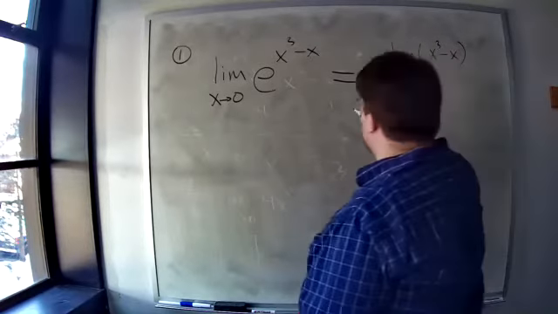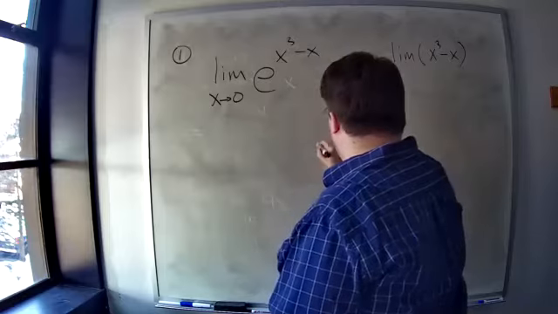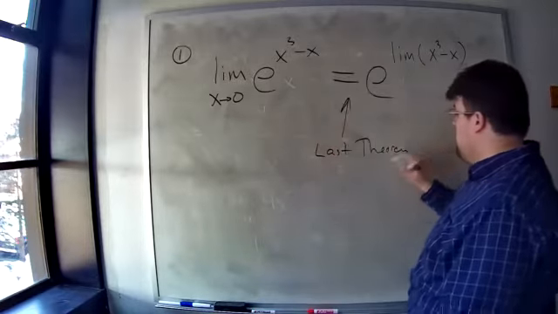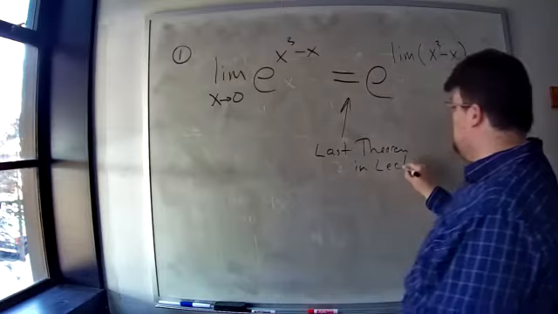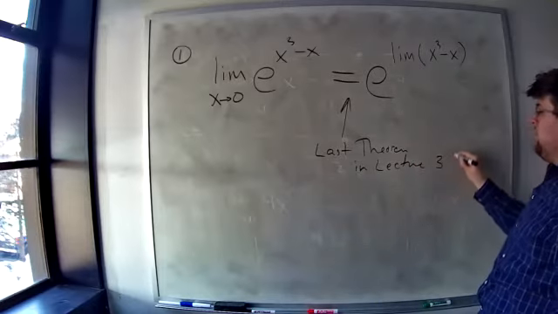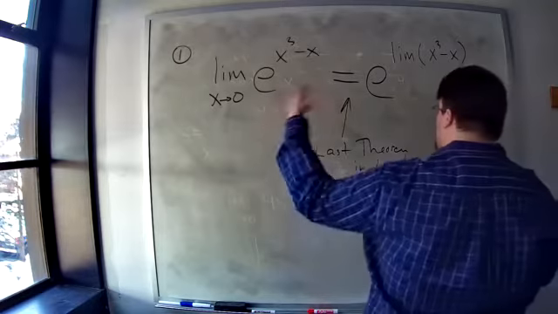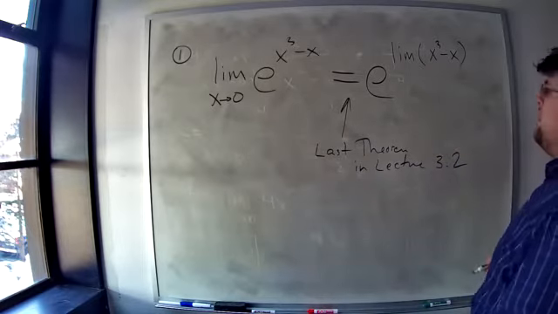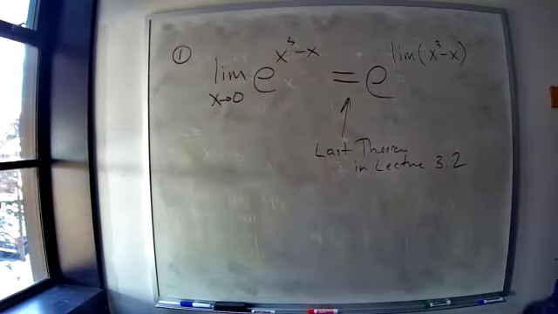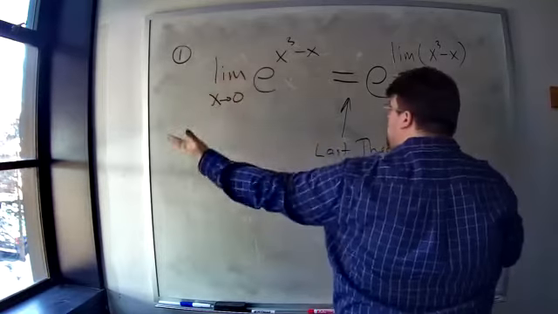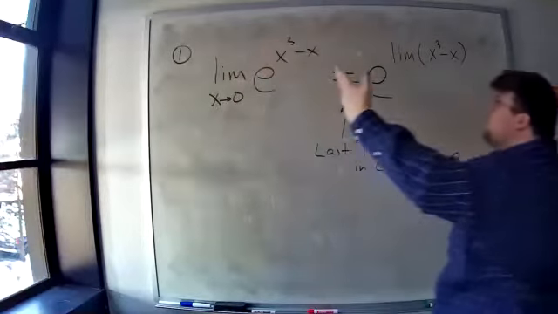I'll write it here: last theorem in lecture 3.2. Right at the end, we discussed a theorem on taking the limit of a composition of continuous functions. And here, that allows us to compute this limit by pushing the limit into the exponent.